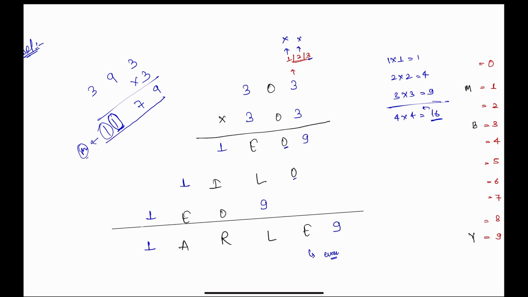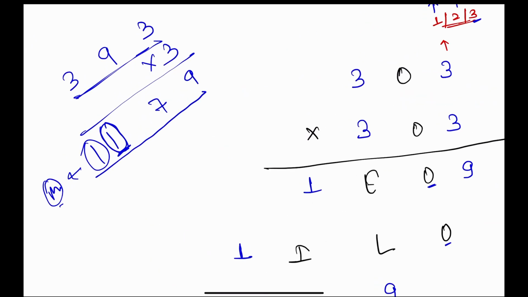So can I just say that this value is less than this one? Right now, 3 into 3 is 9, 9 3 is 27, plus 2 coming over here, 3 into 3 is 9, plus 2 is 11. Instead of making it 2, it is also possible that one carry will come. Suppose 6 is here: 6 3 is 18, 3 3 is 9, plus 1 is 10. So the maximum value in this place is either 1 or 0, and we know that it's even, so 1 is not possible.